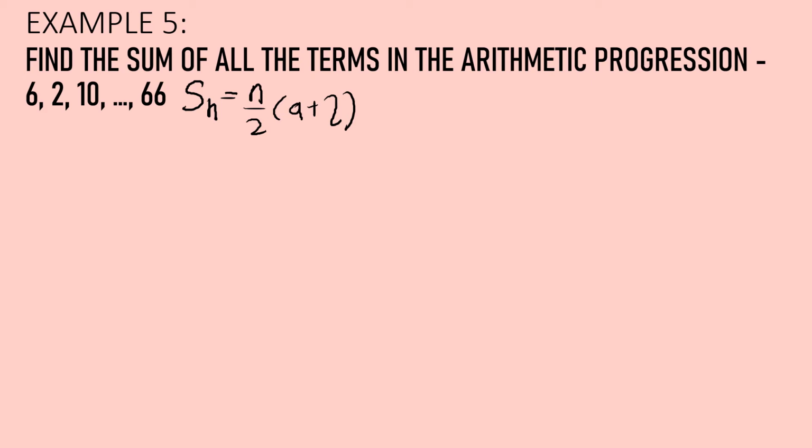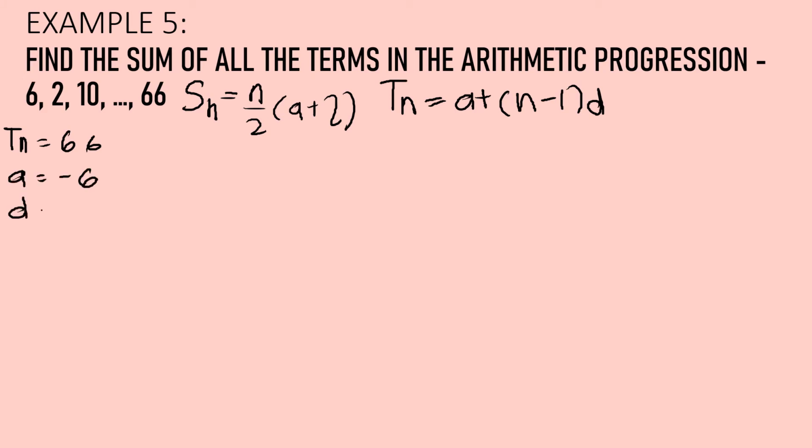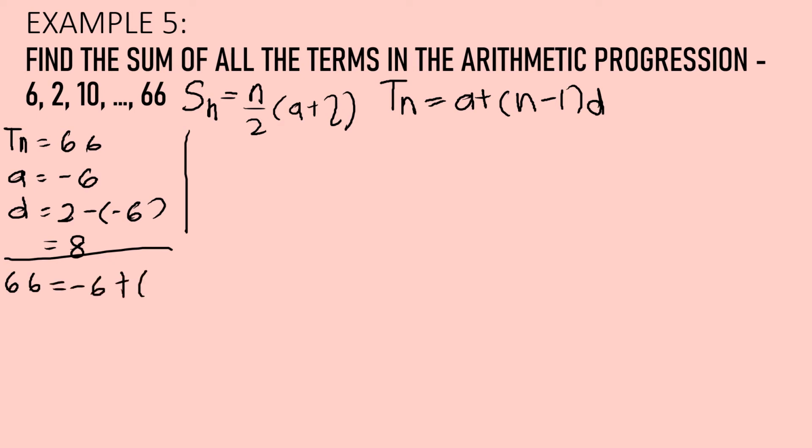So we will use two formulas in this, the nth term a plus n minus 1 d first. So Tn is 66, a is negative 6, d is 2 minus negative 6 equals 8. Substitute: 66 equals negative 6 plus n minus 1, times 8.